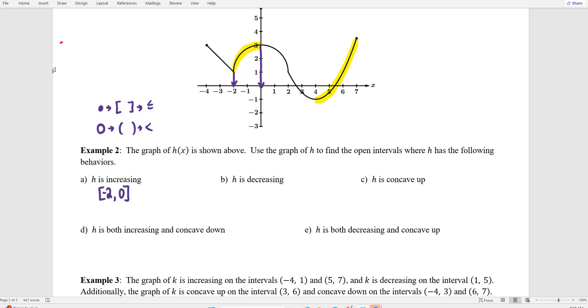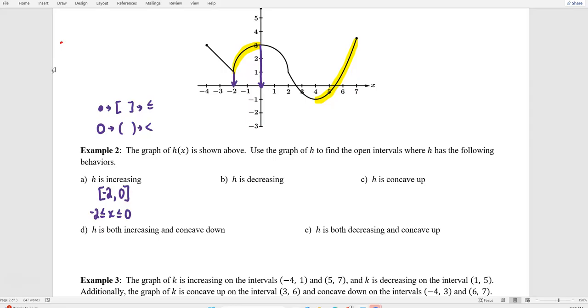Good thing is that they don't count off if you accidentally put a parenthesis there for increasing and decreasing, unless there's a hole in the graph and you used a bracket when you couldn't because there was an open circle. So here, we would write this as -2 less than or equal to x less than or equal to 0. Use lowest number, less than sign, x, less than sign, highest number every time. Depending on whether you want open circles or closed circles, you'll use those less than or equal to's.